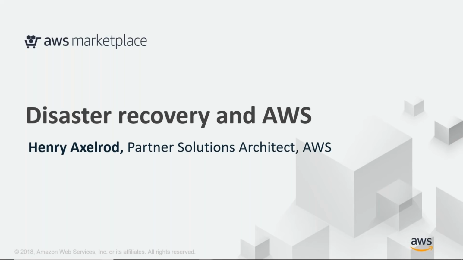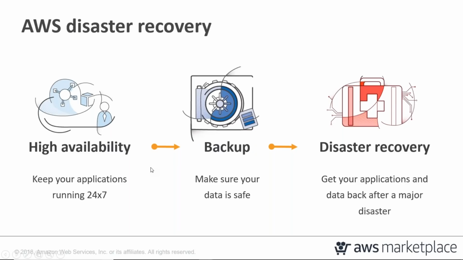So there's a few things when we look at disaster recovery with AWS. One is understanding where disaster recovery comes into play. Disaster recovery is an evolution. First, you start with high availability, which is essentially local protection and running of services that keep your applications running continuously. If you have a localized failure, perhaps you have clustering or other things that keep that application available to the customers.